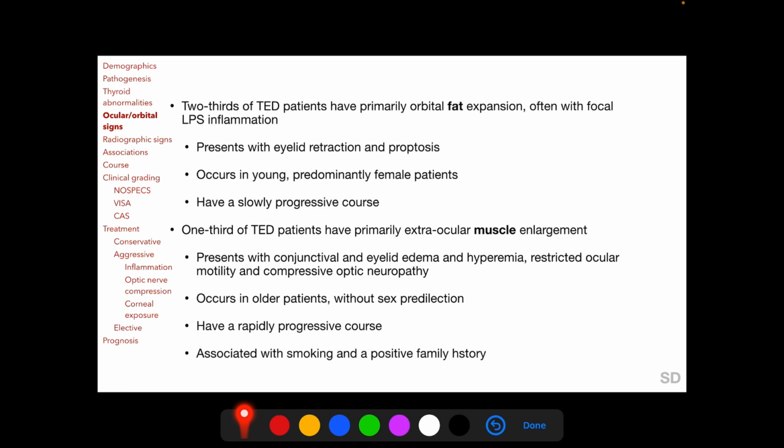The remaining one-third of TED patients have predominantly muscle involvement, and these patients more frequently present with edema and hyperemia of the conjunctiva and eyelid, and can have restricted ocular motility as well as compressive optic neuropathy. And the muscle predominant form of TED occurs in older patients without sex predilection. Muscle predominant TED has a rapidly progressive course and is associated with smoking and a positive family history.